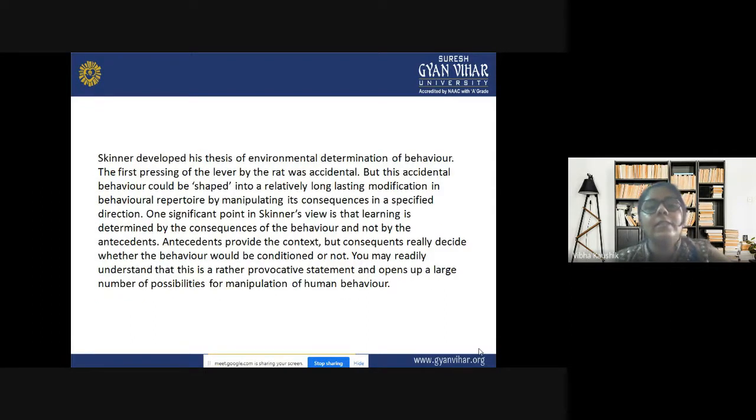Skinner developed his thesis of environmental determination of behavior. The first pressing of the lever by the rat was accidental. By chance, the rat pressed the lever, but the accidental behavior could be shaped into a relatively long lasting modification in behavior.